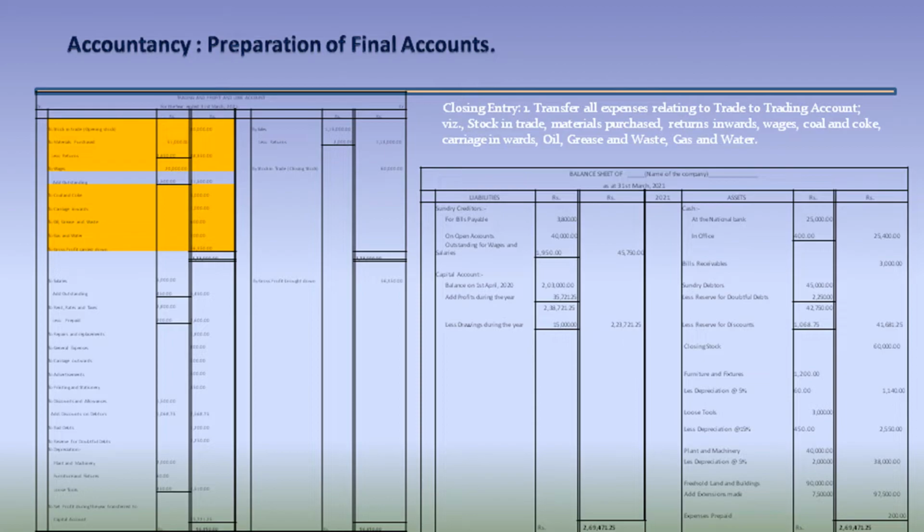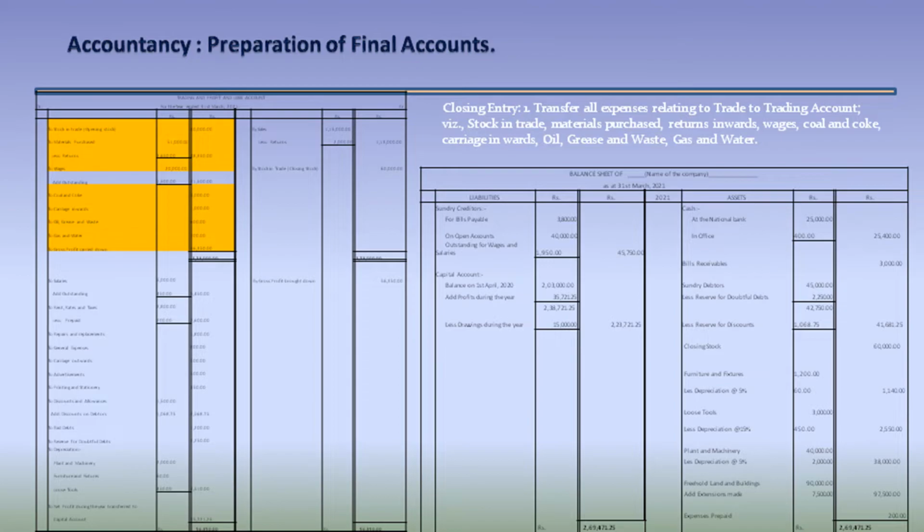Closing entry 1. Transfer all expenses relating to trading account, that is stock in trade, materials purchased, returns inwards, wages, coal and coke, carriage inwards, oil, grease and waste, gas and water. On the debit side of the trading account, we have posted all these entries from the trial balance.